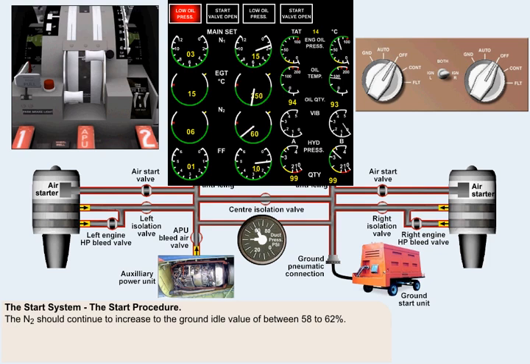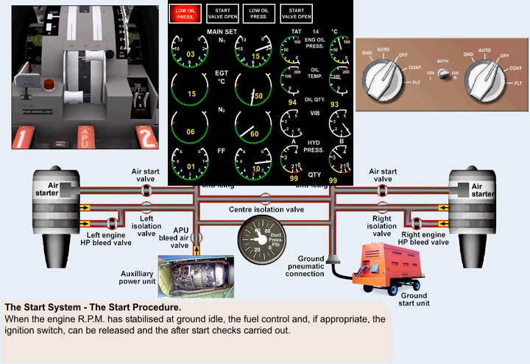The starter duty cycle is now complete, and the N2 should continue to increase to the ground idle value of between 58 to 62%. When the engine RPM has stabilized at ground idle, the fuel control and, if appropriate, the ignition switch can be released and the after-start checks carried out.